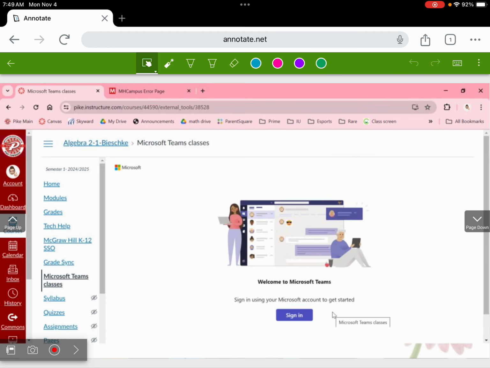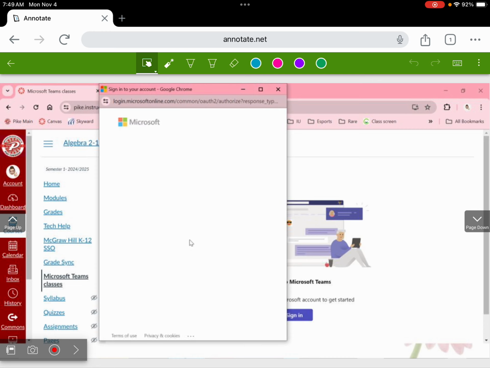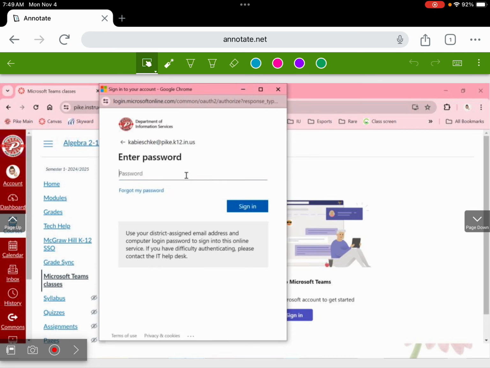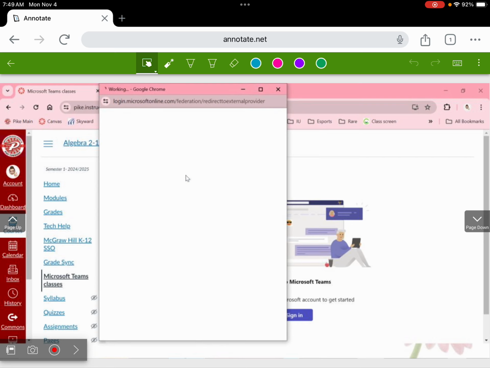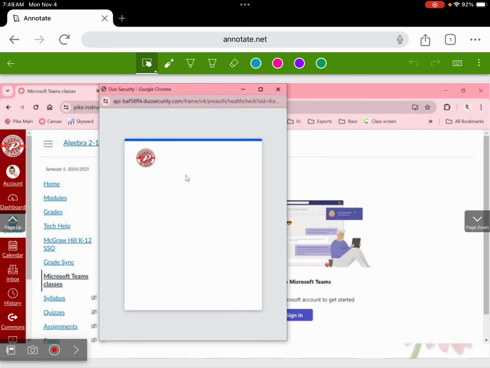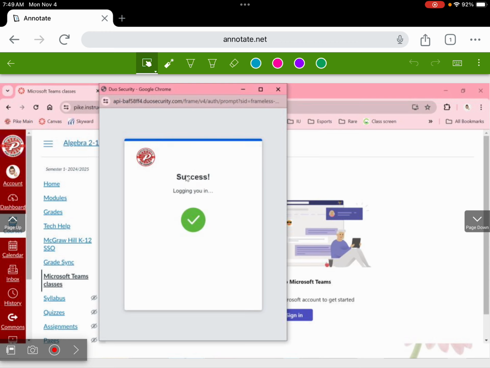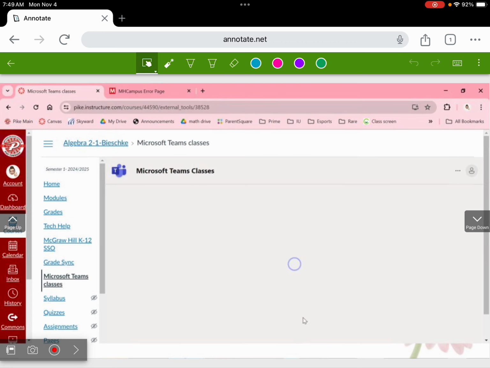On your Microsoft Teams, it'll probably ask you to sign in, and you sign in with your school account. Oh goodness. It's been a weekend, so I can't sign into anything. Oh, it's gonna make me do it all again. Good gravy. I love you all, organization. It's so much fun.